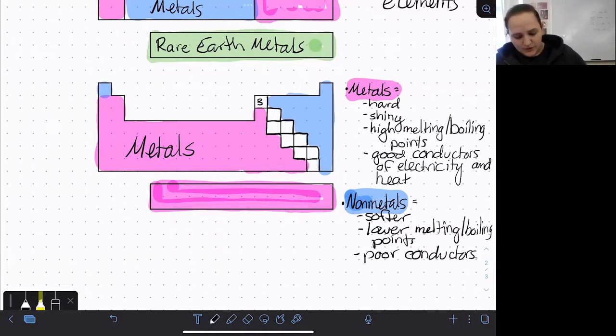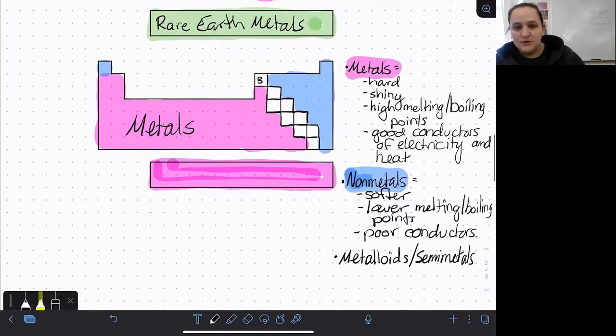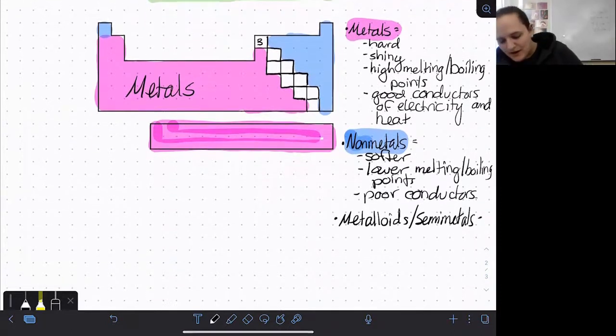And that area in between is what we call the semimetals or the metalloids. I don't care which name you use, I usually go with metalloids. And these are elements that have properties somewhere in between.